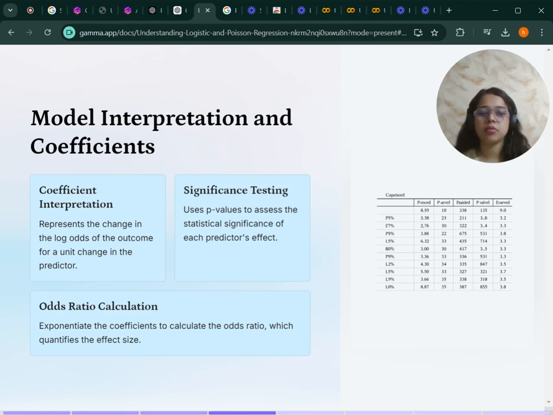A small value, that is less than 0.05, indicates that the predictor is important. And lastly, we have odds ratio calculation. By exponentiating the coefficient, we calculate the odds ratio, which quantifies the effect size. For example, an odds ratio of 1.5 means a 1 unit increase in a predictor raises the odds of the event by 50%.